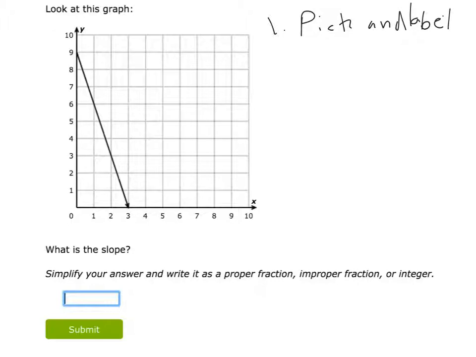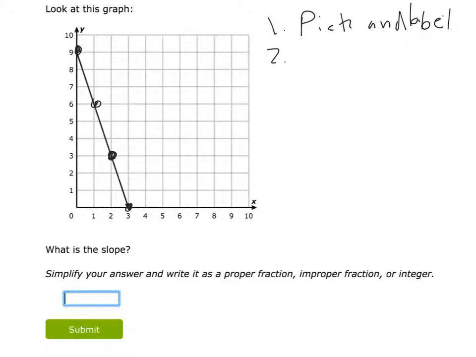Alright, beautiful. Pick and label. We can do 3, 0. We can do 2, 3. We can do 1, 6. Or we can do 0, 9.